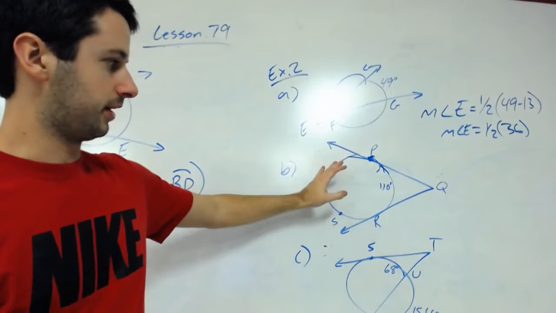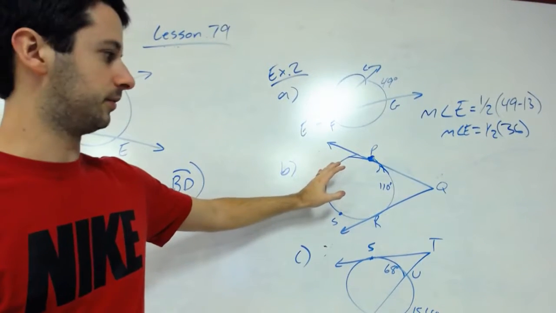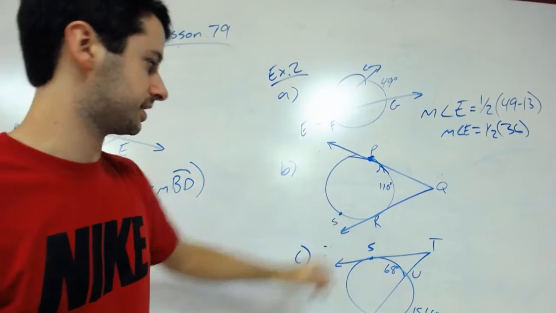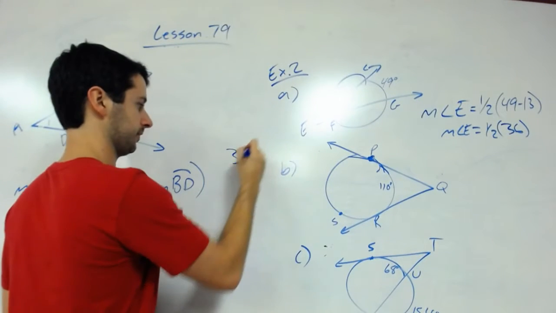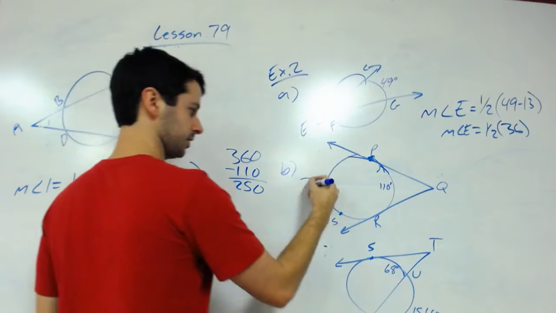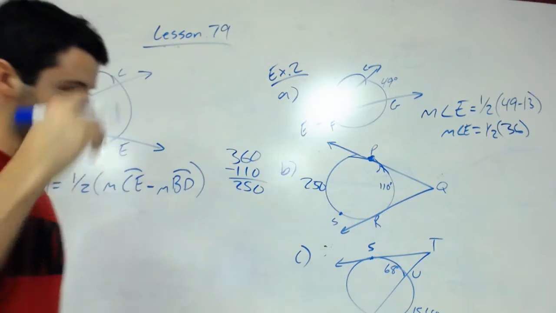So if there's 360 degrees in the circle, the rest of the arc right here is 360 minus 110. So 250 is our major arc.